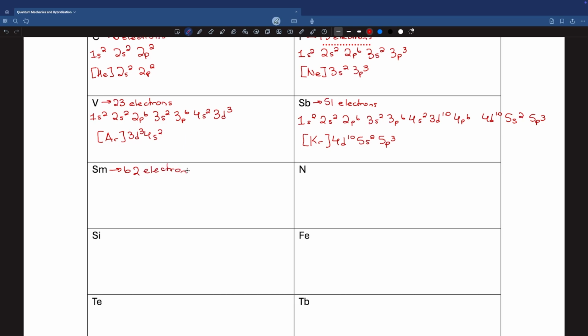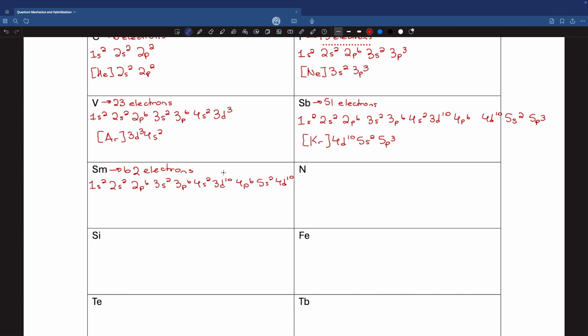The next example, Sm, samarium, has 62 electrons. It's quite a big atom, part of your lanthanide and actinide series. So we'll start with 1s2, and then 2s2, 2p6, 3s2, 3p6, then 4s2, 3d10, and then 4p6, 5s2, 4d10.